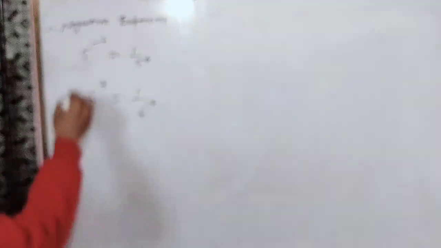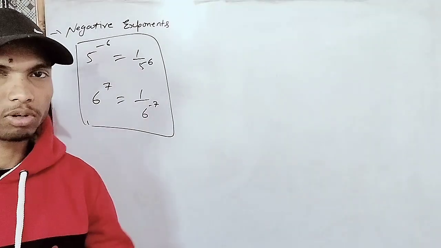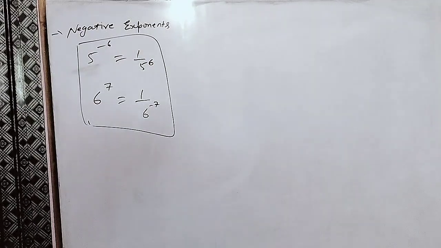In this case, we have this problem. We wanted to change it, then we can write like that. In our questions, problems like that will come. This type is called a negative exponent.